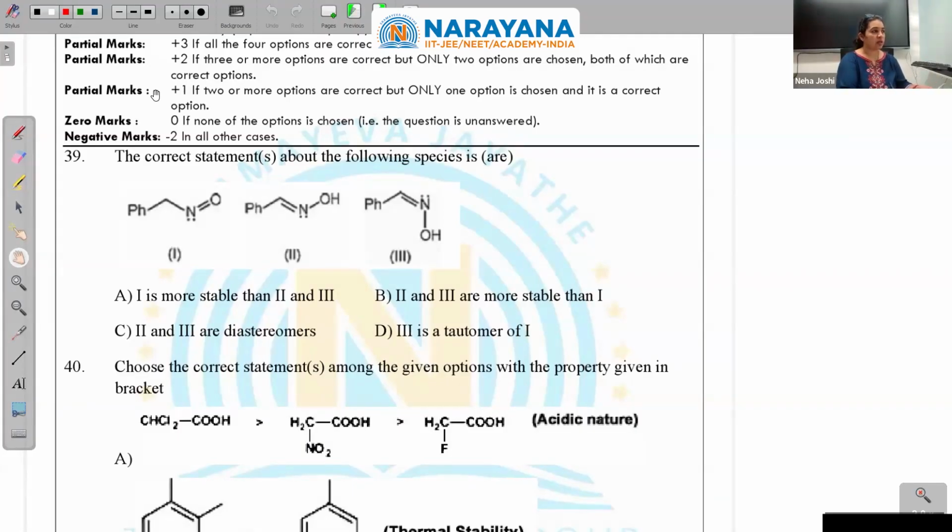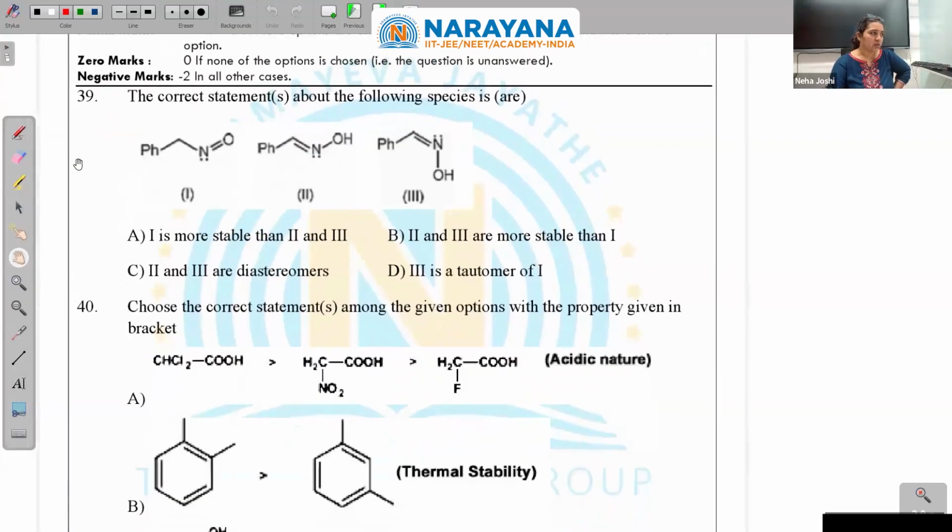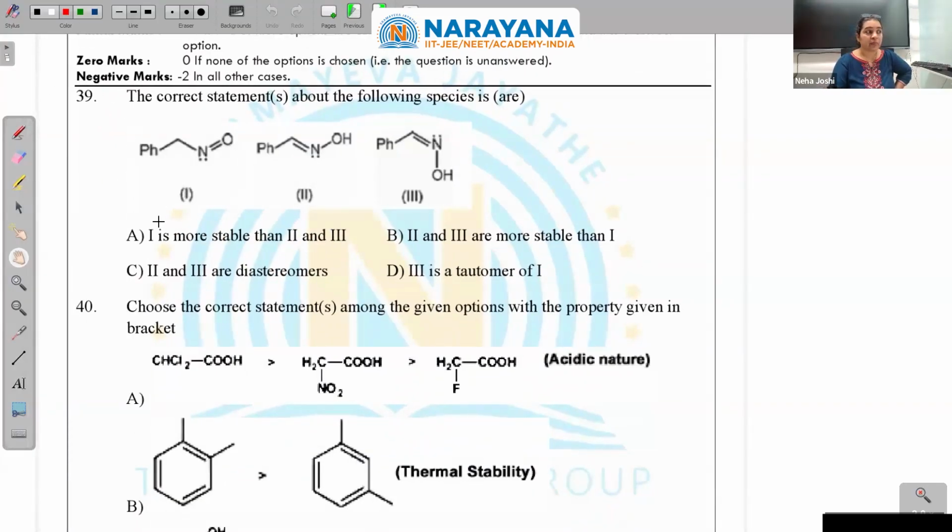Okay, the correct statements about the following species is or are. One is more stable. Now, if you remember the tautomerism lecture, oxime was more stable than nitroso, right? So nitroso was the unstable.